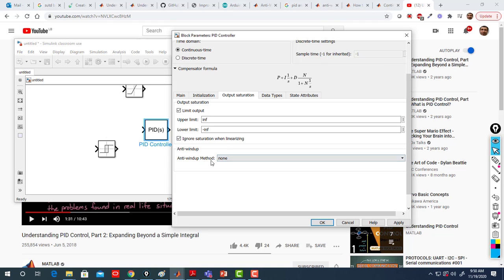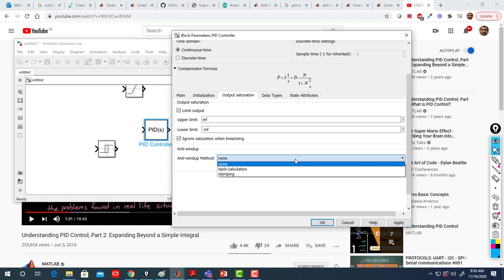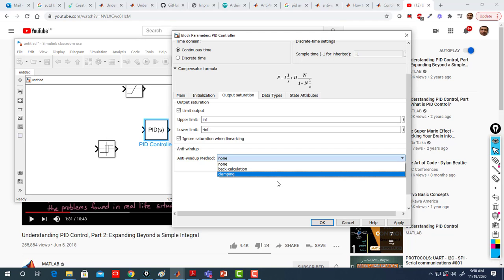Then there is the anti-windup method, and you pick the method you want to use. Here they put two methods: one we call back-calculation, another we call clamping. They are implemented in MATLAB too, so you can choose one method for anti-windup. So you consider the saturation effect in your simulation as well, the practical case. Okay.